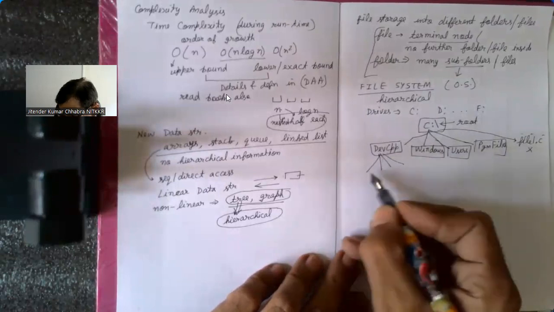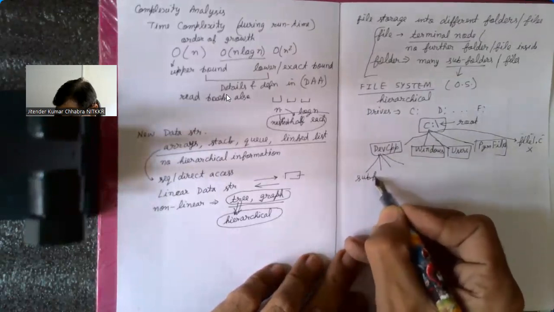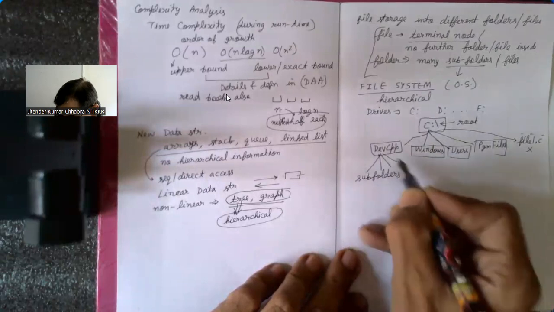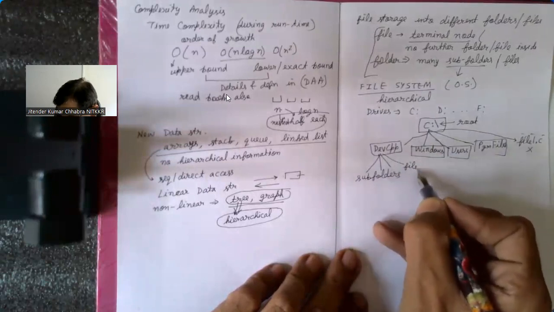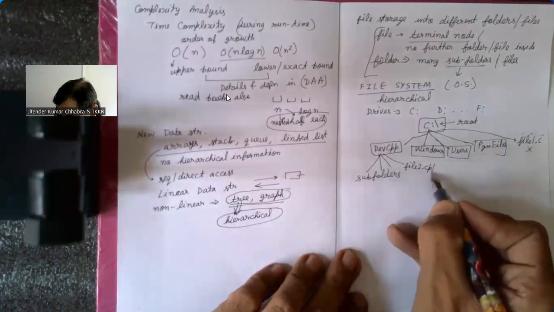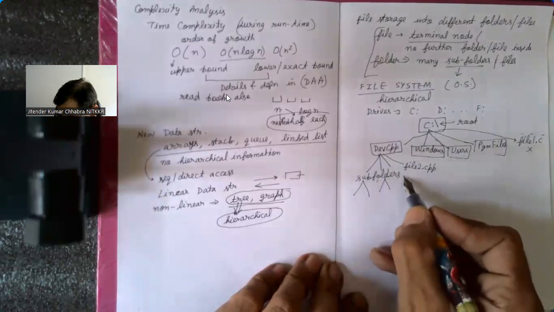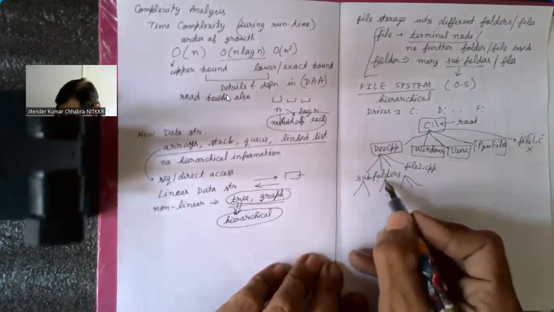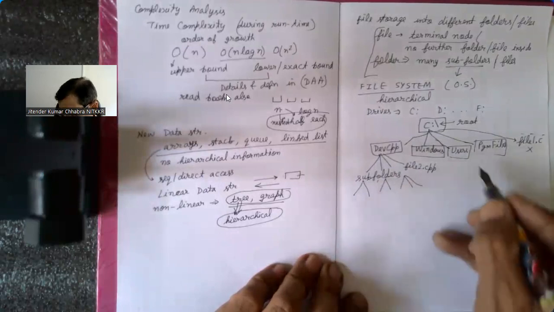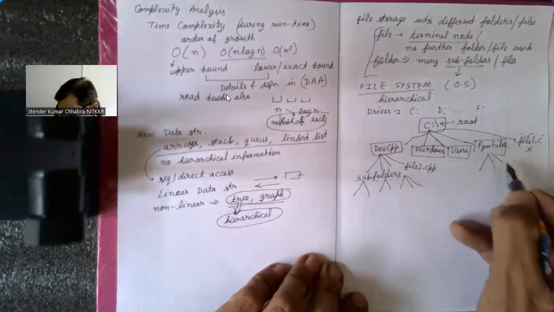Within this, again, I can have certain subfolders. Or I might have some file2.cpp or anything. Within these subfolders, each of them might have further subdivisions, and like that. Similarly, it is true for every one of them.